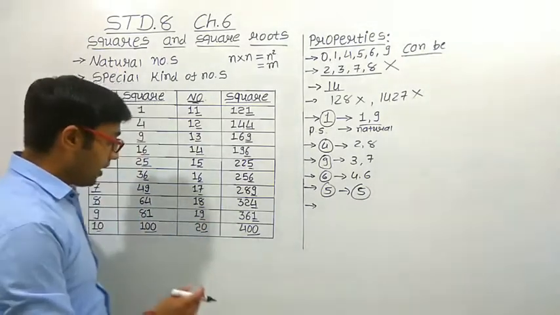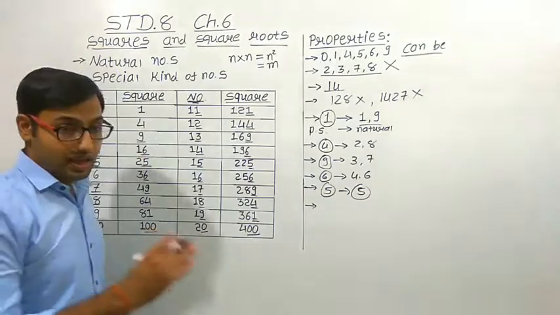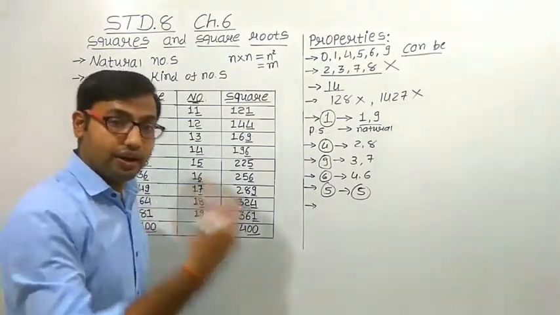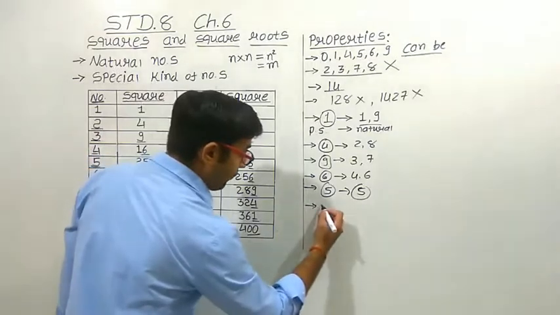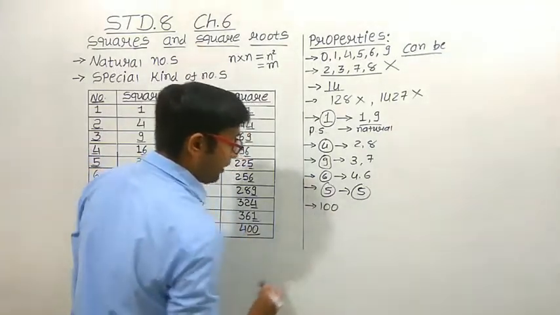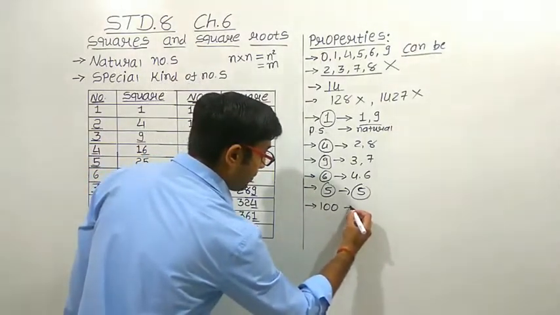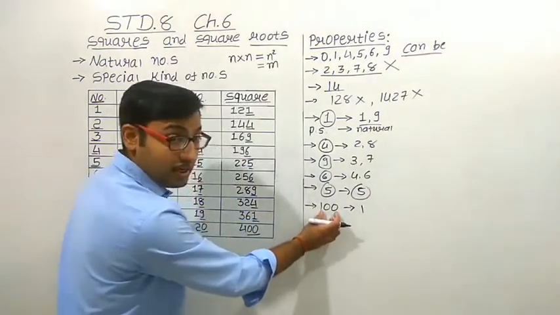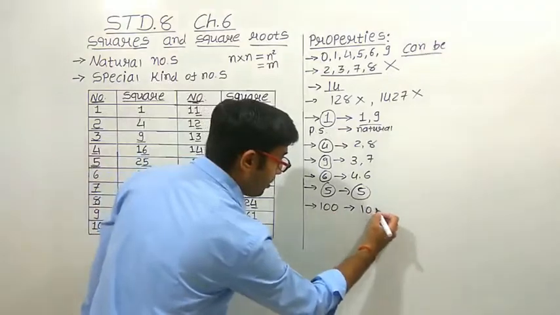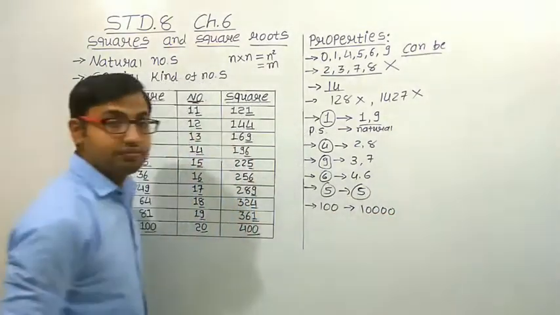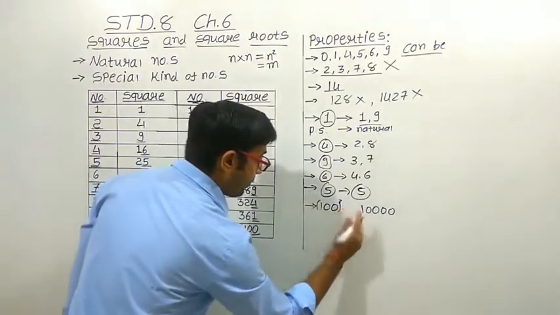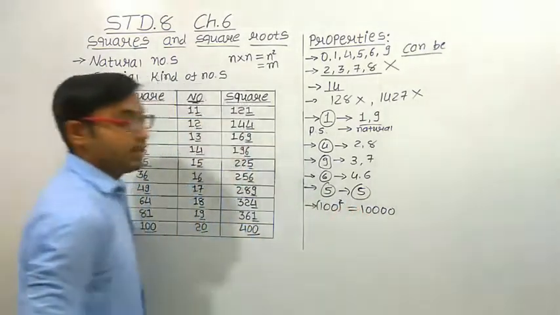Like if we want to find the square of 100, we get 1 and then see how many zeros are there? 2. So we have to put 4 zeros here. So 100 square we can write as 10,000.